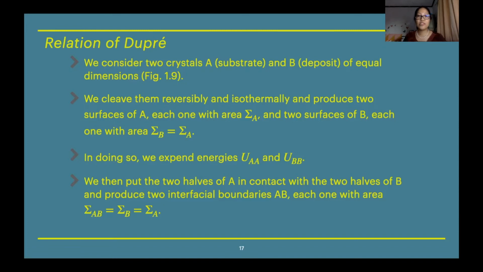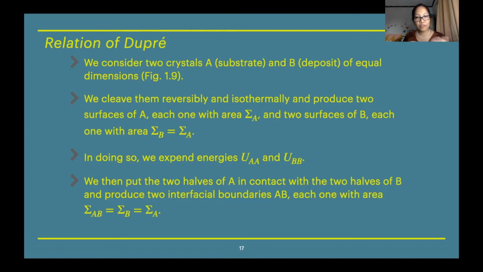We cleave them in a reversible and isothermal fashion, thereby producing two surfaces of crystal A and two surfaces of crystal B. Each surface of crystal A has an area denoted by sigma A, and each surface of crystal B has area denoted by sigma B. Sigma B, or area of crystal B, is equal to the area of crystal A. In doing this cleaving, we expend energies U_AA related to crystal A and U_BB related to crystal B. Then we put the two halves of A in contact with the two halves of B, thereby producing two interfacial boundaries AB.